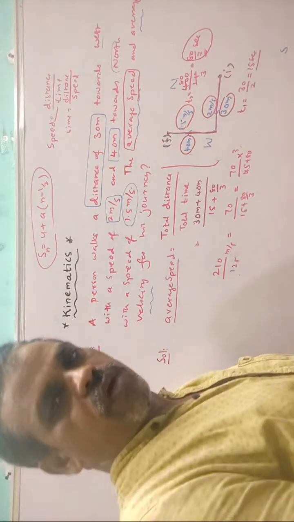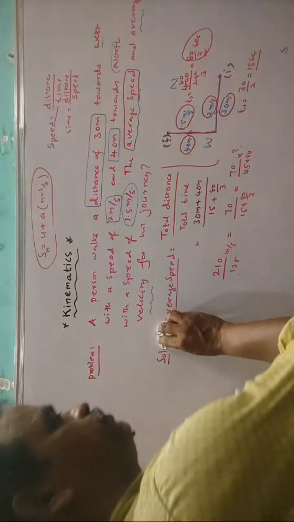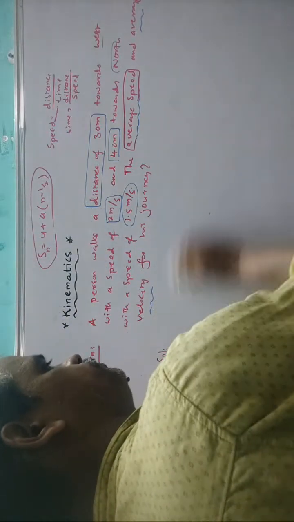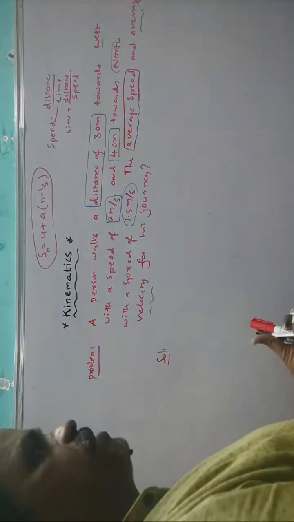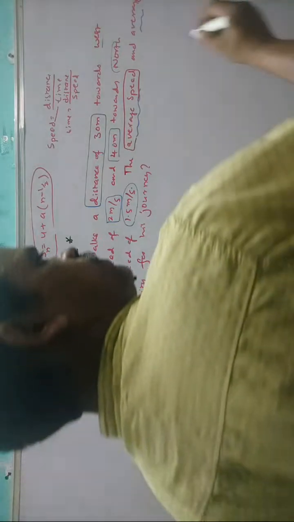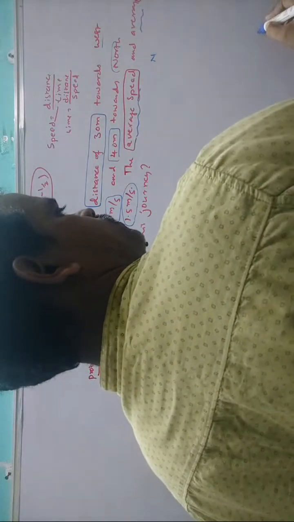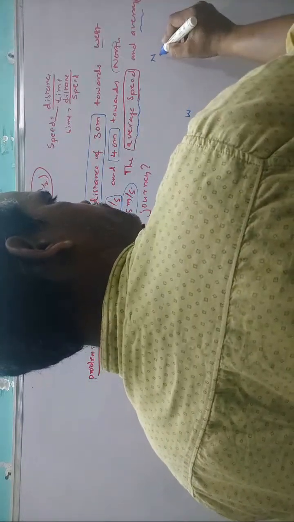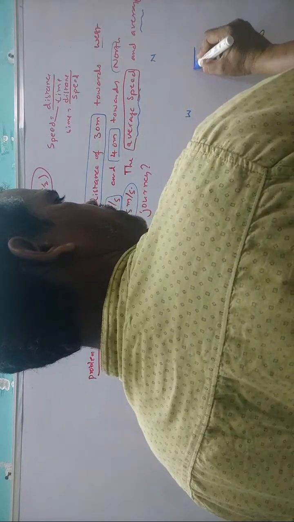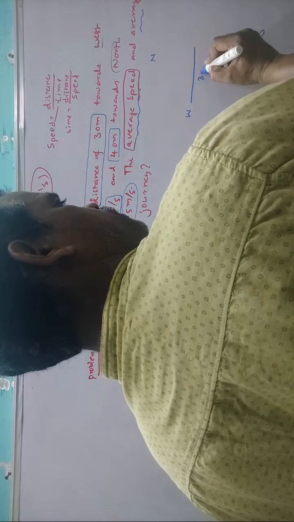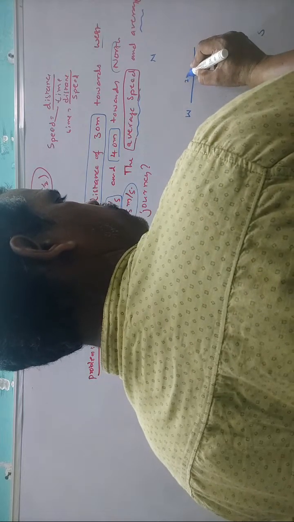Now I am going to calculate average velocity. So what is the formula for average velocity? I am writing once again. This is north, this is south, east, west. So here the person traveled towards west 30 meter with 2 meter per second.